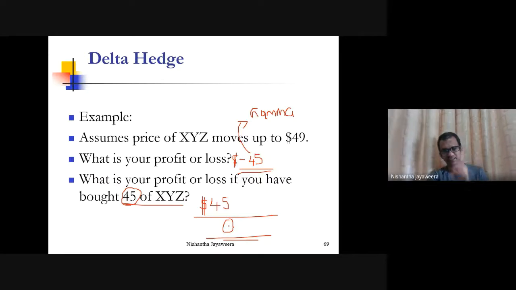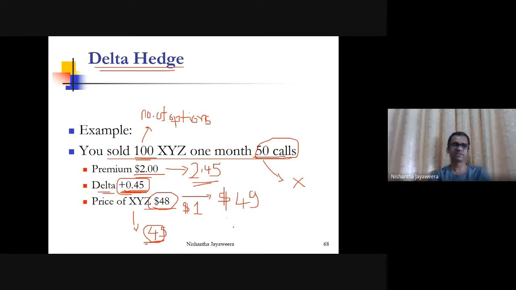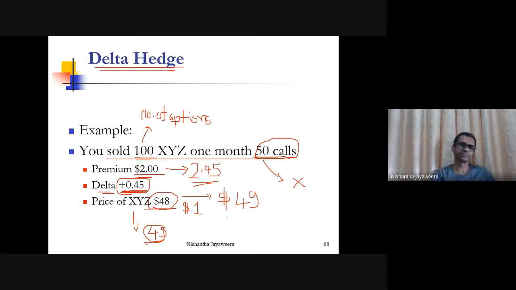If you want to make it exactly 0, then you have to consider gamma and do that adjustment that we discussed. So don't worry about that, forget about it. This is how you create a delta hedge portfolio.